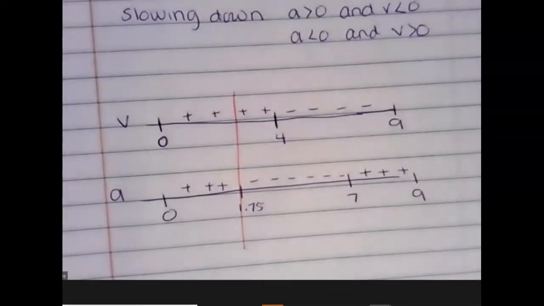So what we need to look for is a comparison of the signs. From 0 to 1.75, both acceleration and velocity are positive, therefore we're speeding up. From 1.75 to 4, velocity is positive, but acceleration is negative.